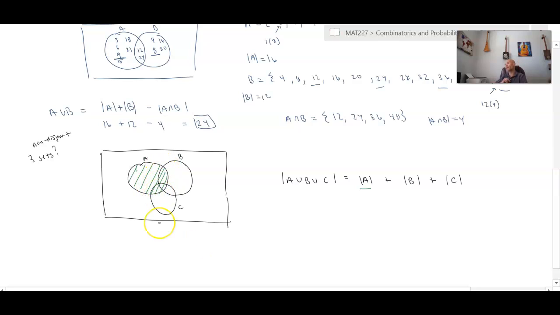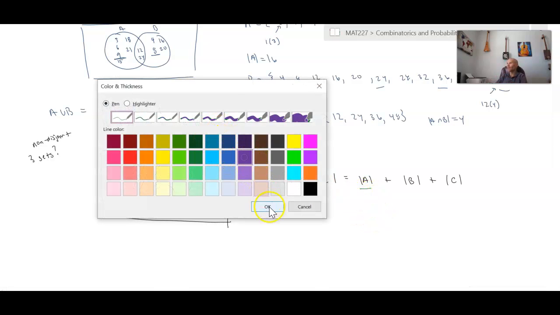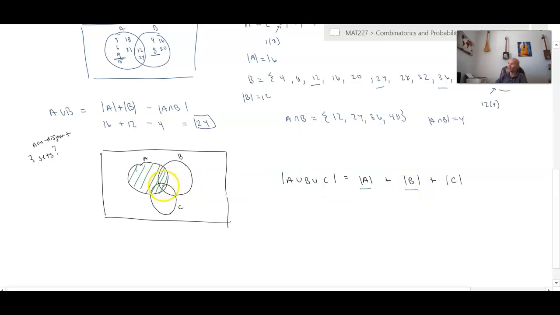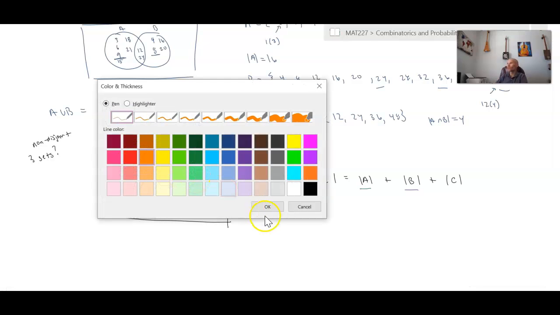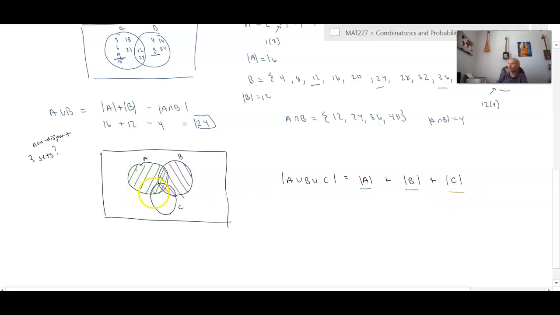And you see that we're counting some of the overlaps with B, with C, and with both B and C, which is this internal kind of like bullet-shaped component. Now if I did the same thing for B, B would shade everything here, and C would shade everything right here.